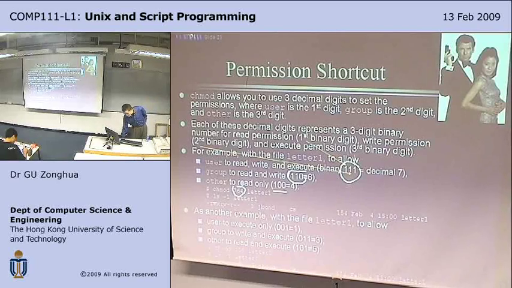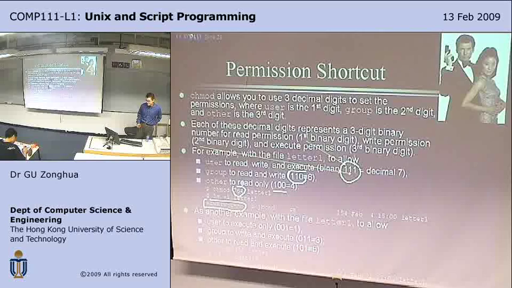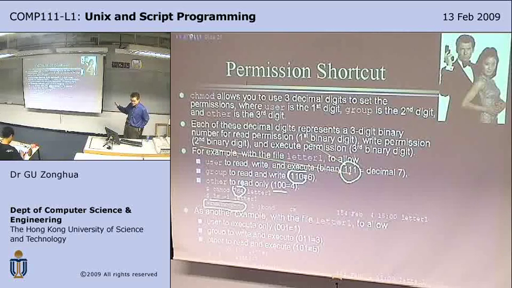So as a result, the permissions are set like this. So it is a shortcut because it's easier than typing in chmod u plus something, o minus something. You need to type a lot of lines. But if you use the binary mask, it's easier to set the permissions.